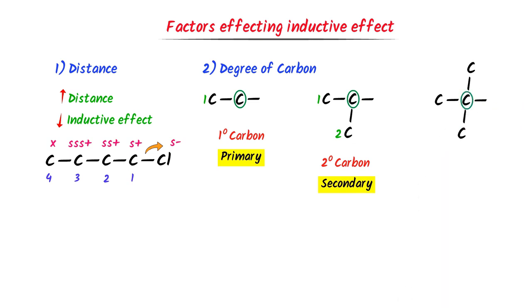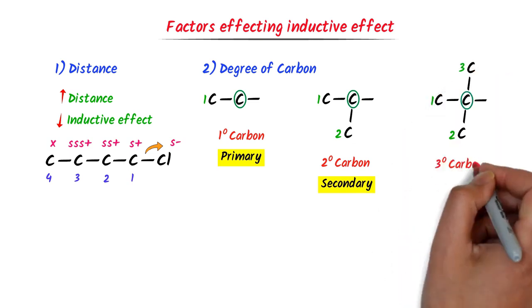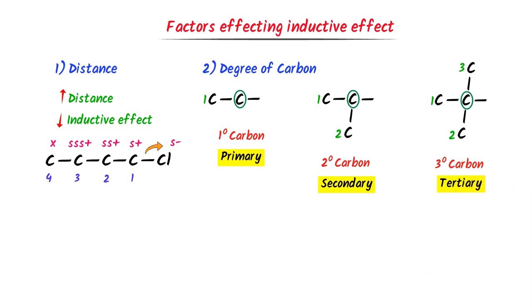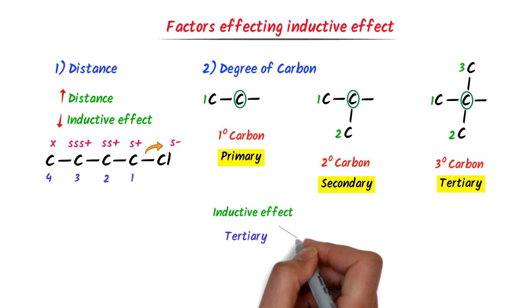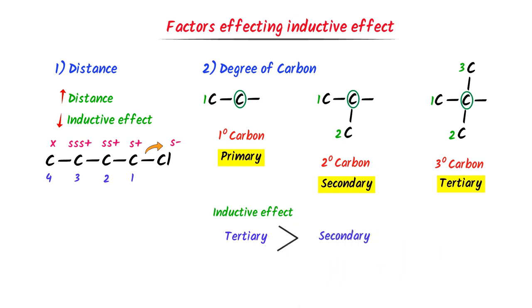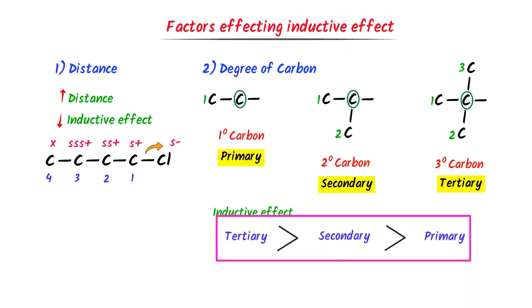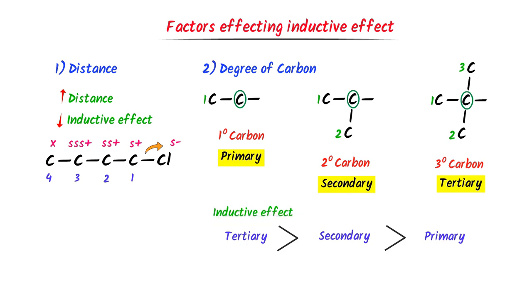Thirdly, this carbon is attached to 3 other carbons, so it is 3rd degree or tertiary carbon. Remember that the inductive effect of tertiary carbon is greater than that of secondary carbon and more than that of primary carbon. Thus note down this order of increasing inductive effect.